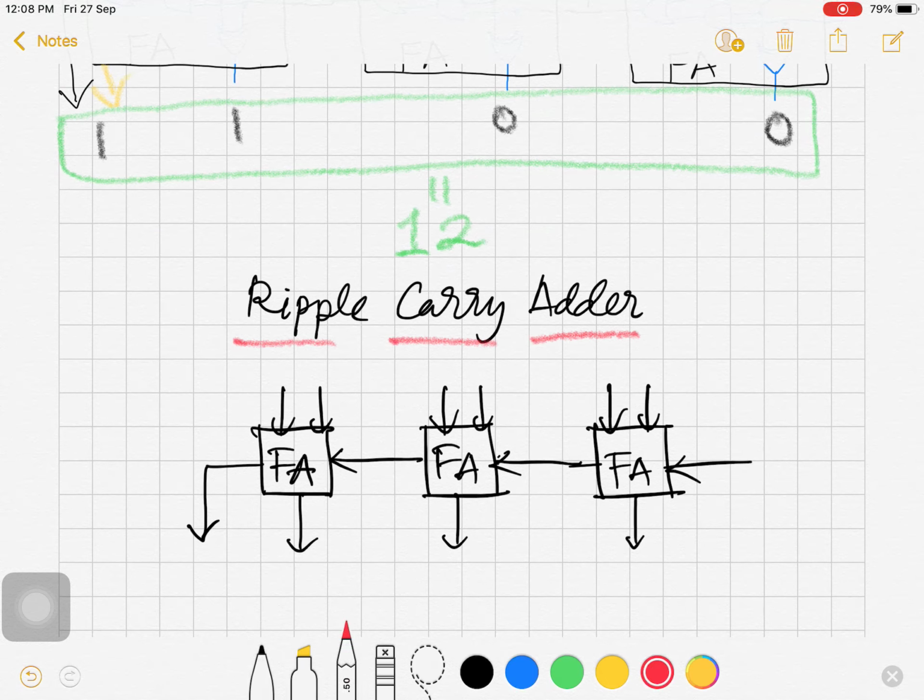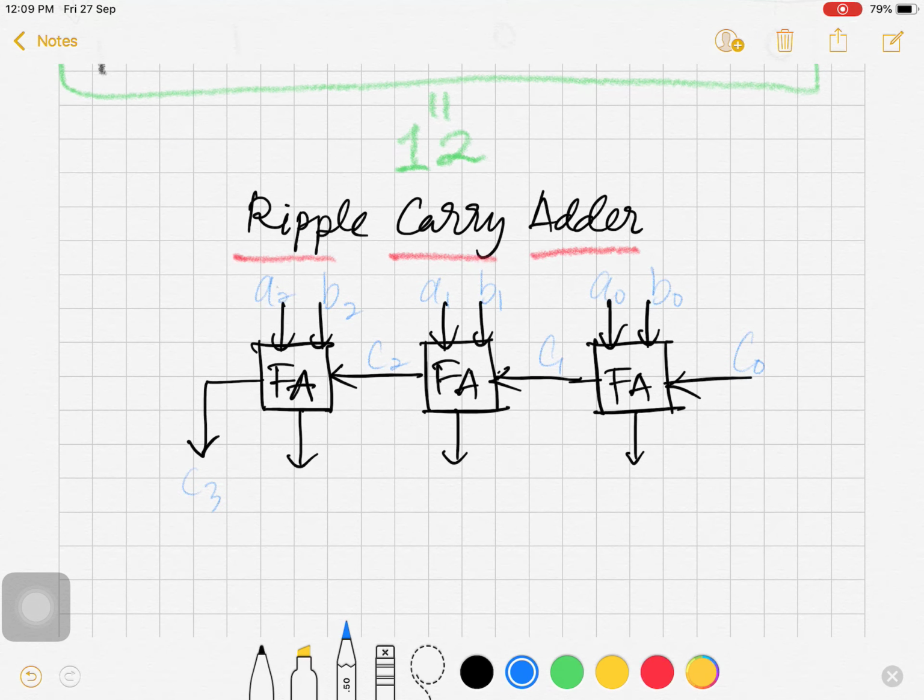Similarly we have here A2, A1, A0, B2, B1, B0, C0, C1, C2, C3, and the bottoms are actually S0, S1, and S2, and these are the answers.